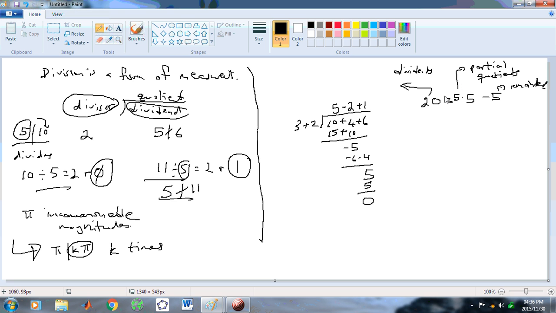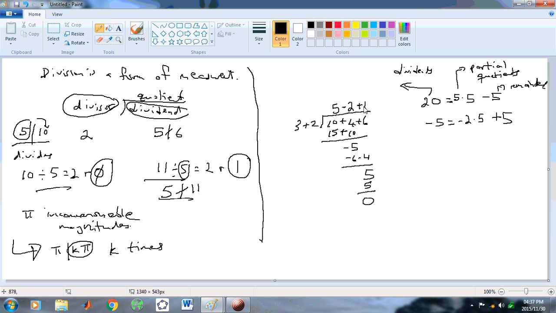Okay, so the next one that we did here after the 5 was the minus 2, and that would correspond to the dividend minus 5, and we'd have minus 2 times 5 plus 5, right?